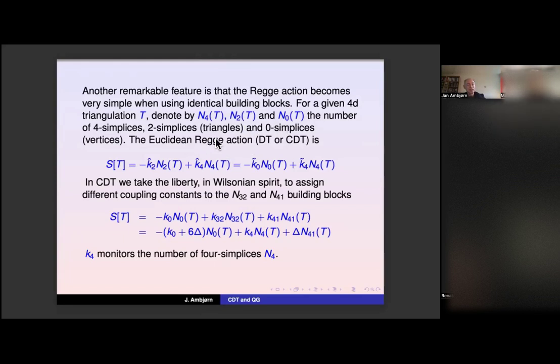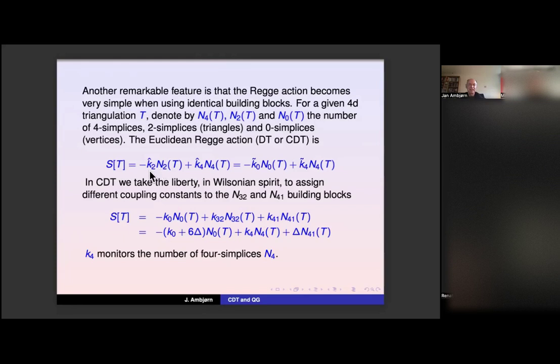And then the Euclidean Regge action, for this could either be dynamical triangulations or CDT, is simply given by some constant times N2 plus another constant times N4. And by using what are called the Sommerville relations, one can express N2 in terms of a linear combination of N4 and N0. So one can write it either like this or like this.